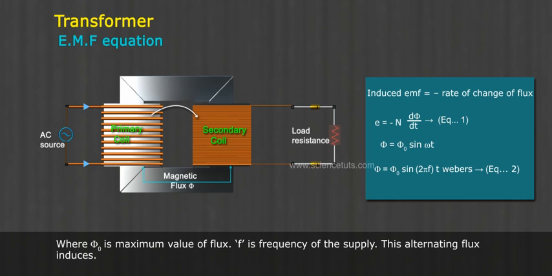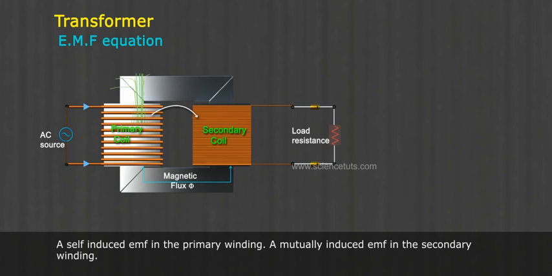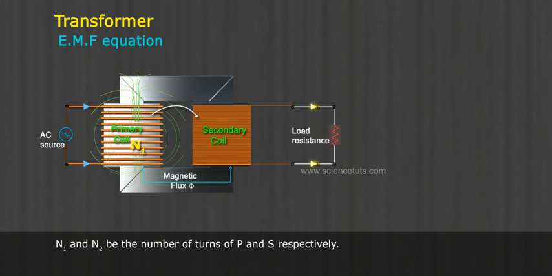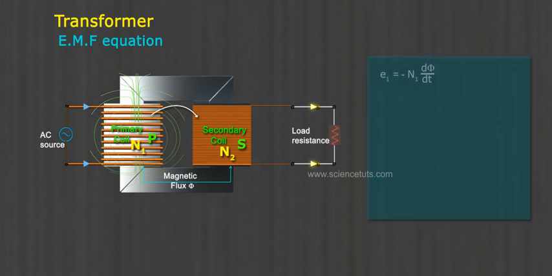This alternating flux induces a self-induced EMF in the primary winding and a mutually induced EMF in the secondary winding. Let N1 and N2 be the number of turns of P and S respectively.